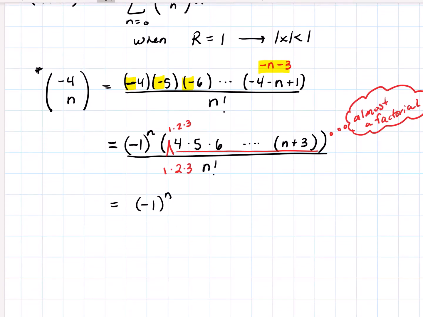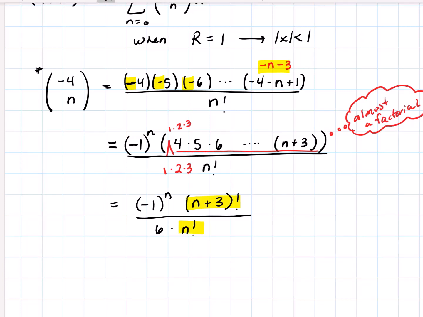So notice now in the numerator, I actually just have the factorial (n+3)!. And in the denominator, I have 6, because 1 times 2 times 3 is 6, times n factorial. But now, these two factorials are going to reduce, and we're going to have just the 3 factors in the numerator left.